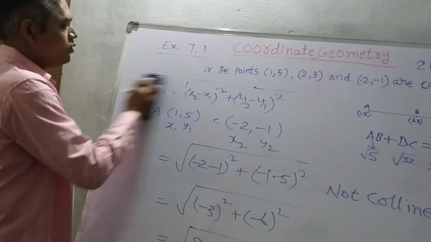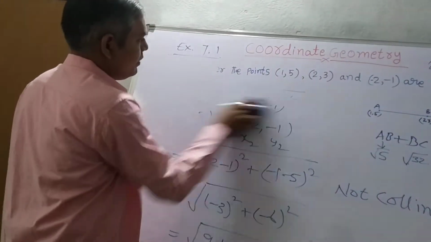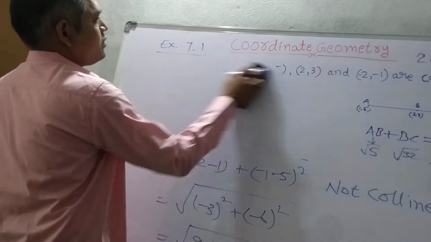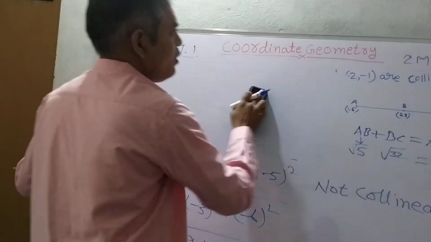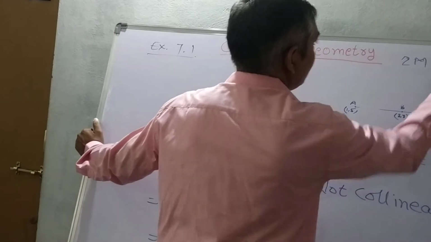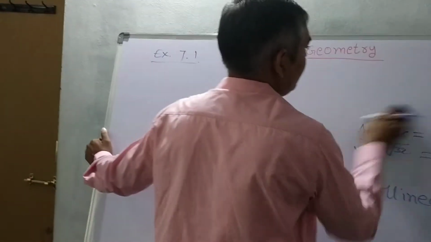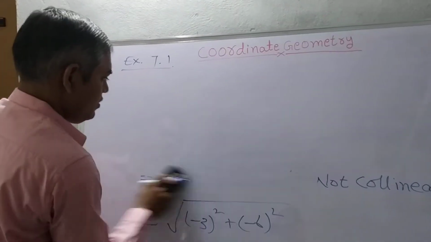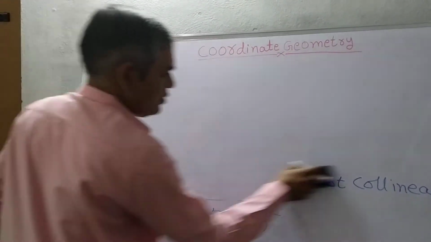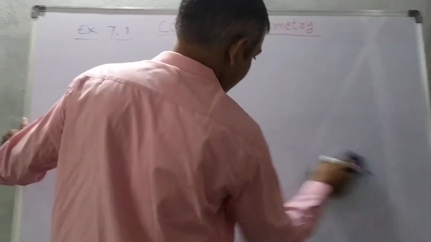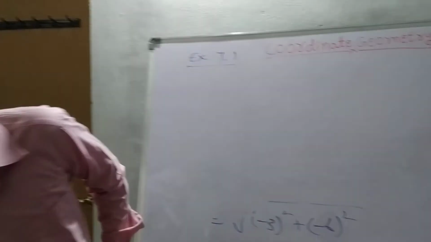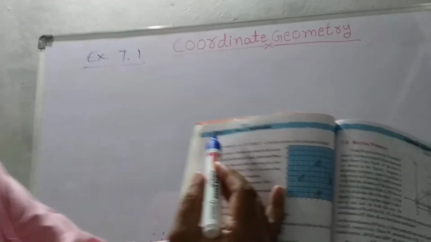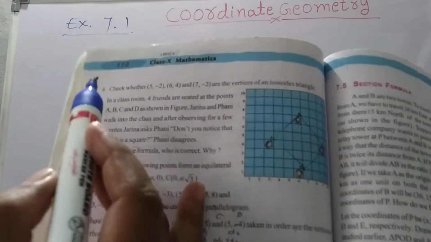Problem number 4. Exercise 7.1. Page number 172 in the textbook, question number 4.